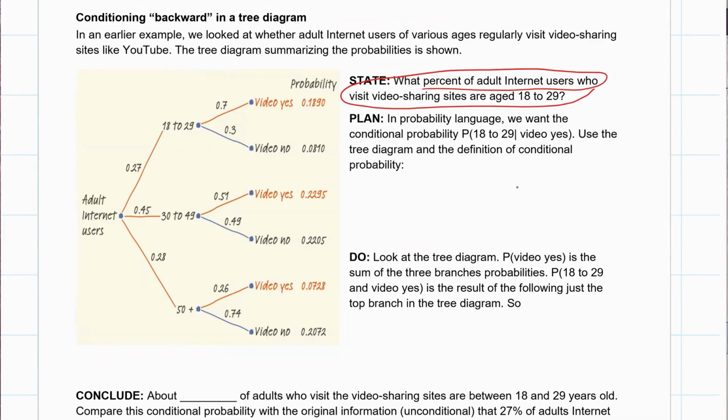Note, this number here is not that answer. This is the answer. What's the probability that they are a video yes, given that they are within the young age range? This question is reading, what's the probability that they're young, given that we know that they share video?